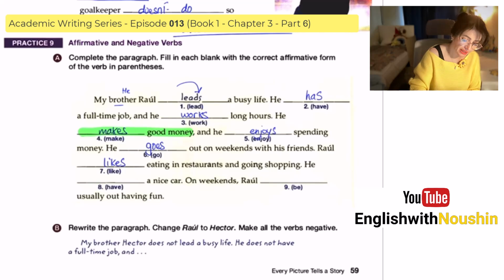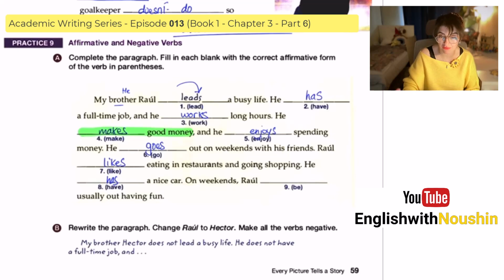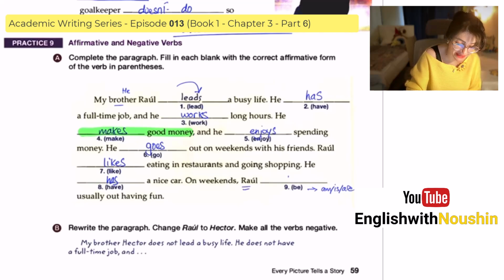He has a nice car. On weekends, Raoul, be, usually out having fun. Be changes into am, is, or are. Since we are talking about Raoul, it is: Raoul is usually out having fun.